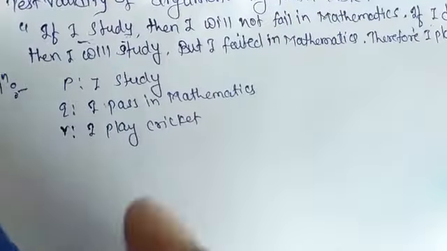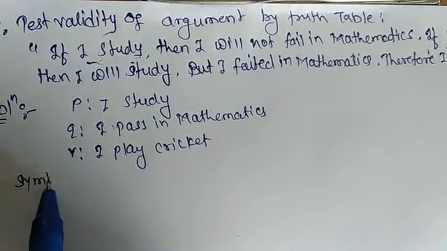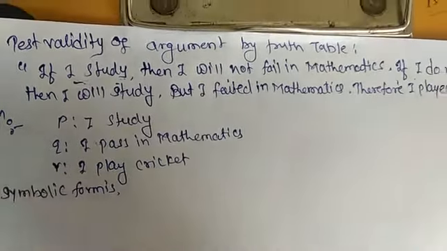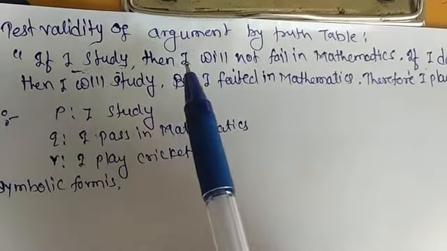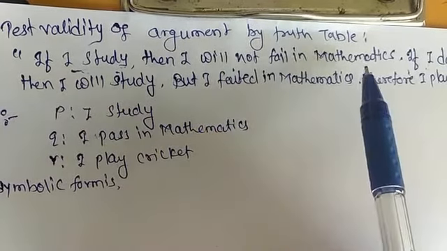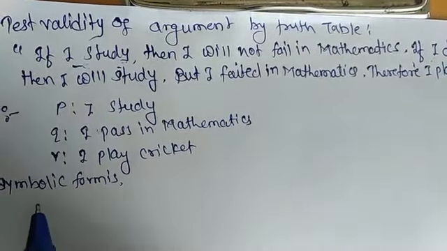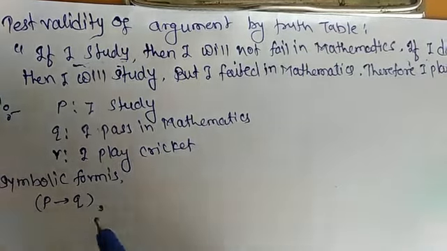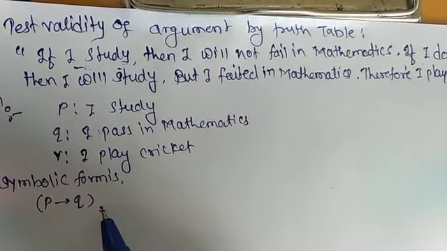So the symbolic form is: if I study then I will not fail in mathematics, which is P → Q, and we take a comma here.